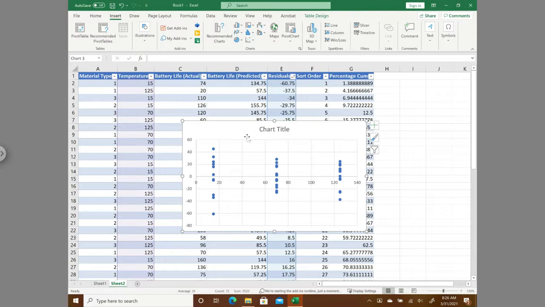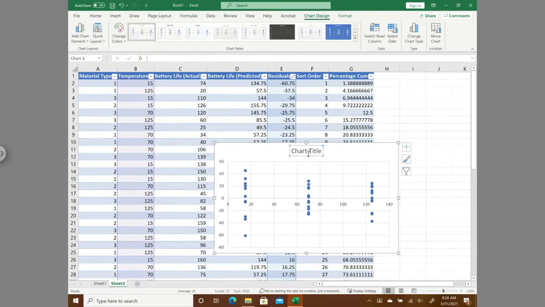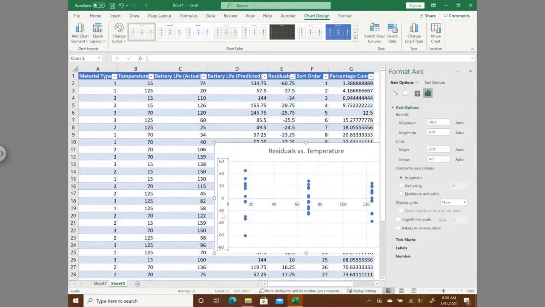So first, let's make the chart title here: residuals versus temperature. And let's make the x-axis cross the y-axis at the bottom.